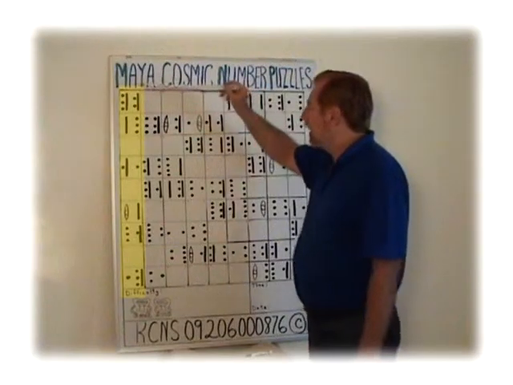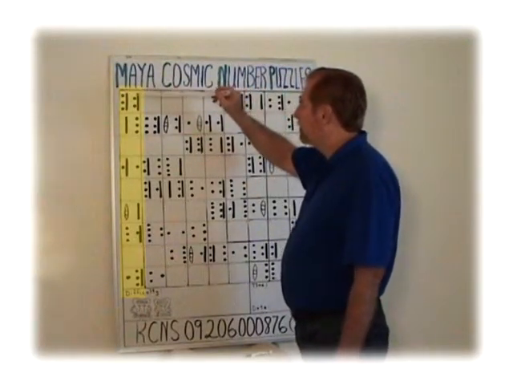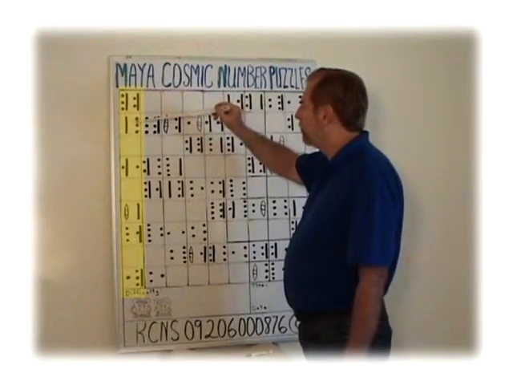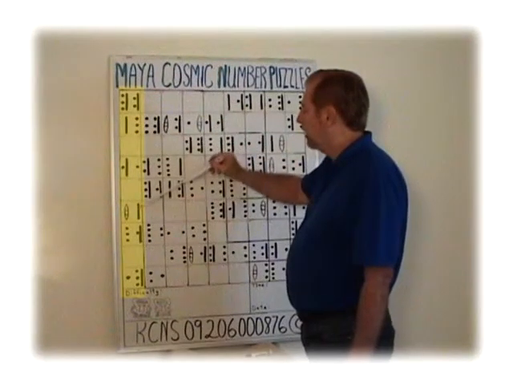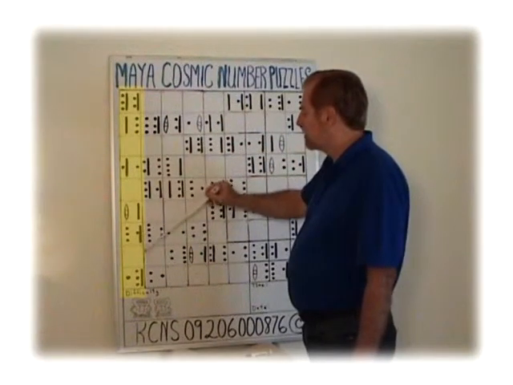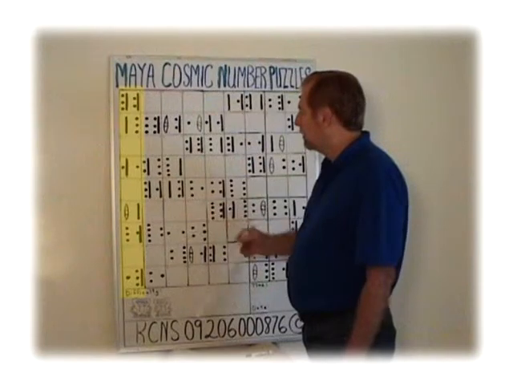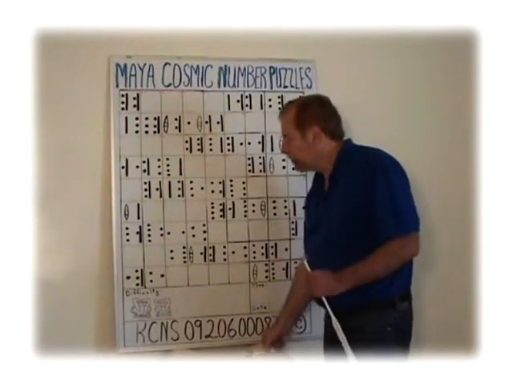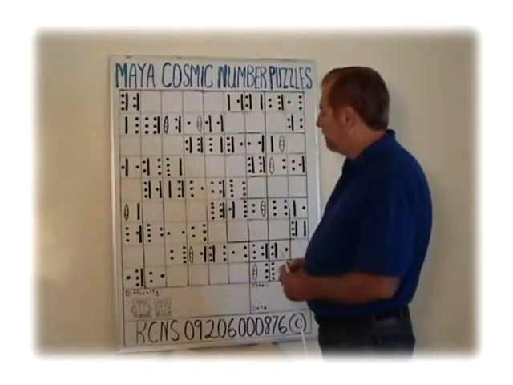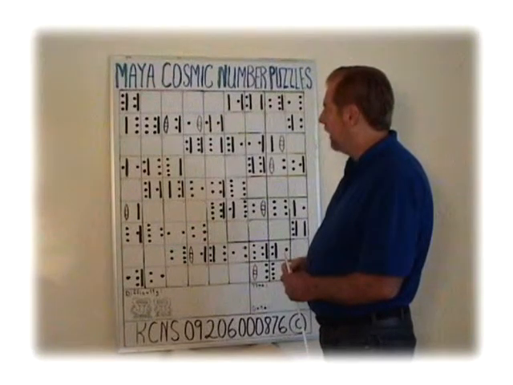On the right side, we have the numbers 7, 3, a 1, a 5, a 6, and an 8. We are missing the 0, a 2, and a 4.